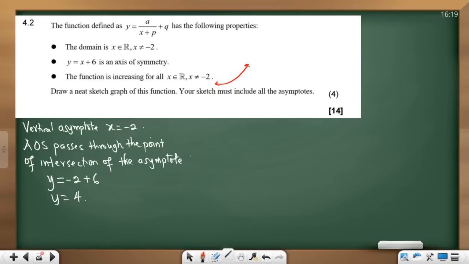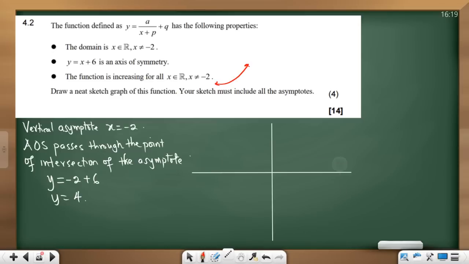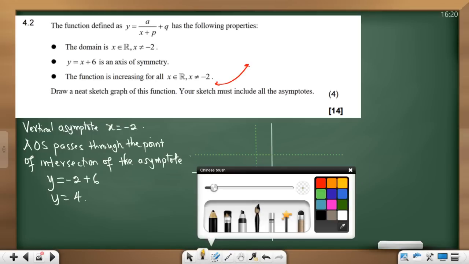Okay, so the question is, I'm going to show you if you are doubting a few things. First, I'm sketching a hyperbola. I need to first fix my what? Asymptote. X equals -2. Please write that there. Right? That is important. They said sketch and include all the asymptotes. And what is my y value? 4. Okay. Please, if you are not sure, follow the instruction.